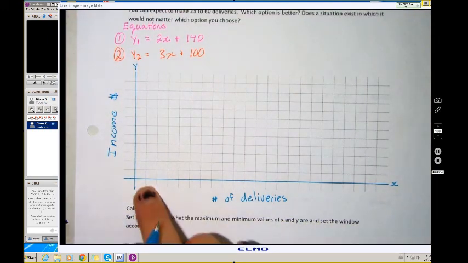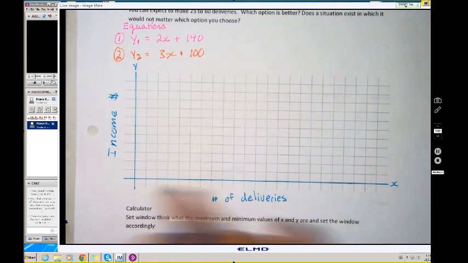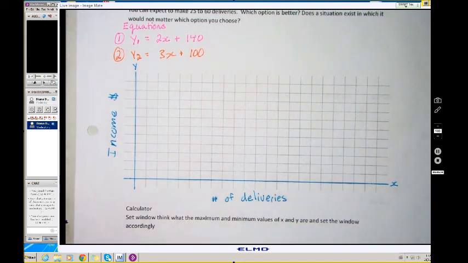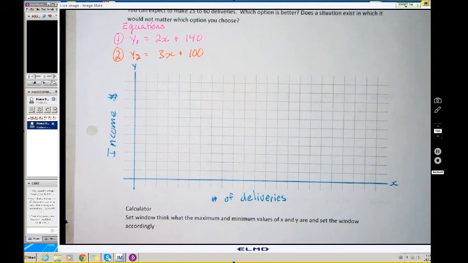And what do we have to do when we do our scale? What's the one thing we have to remember to do? Can I go 2, 6, 7, 10? Yeah, each square has got to be worth the same amount, right? So I'm just going to go by 5s.